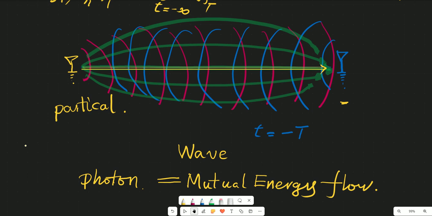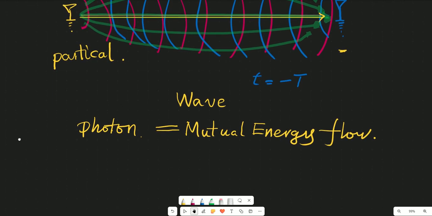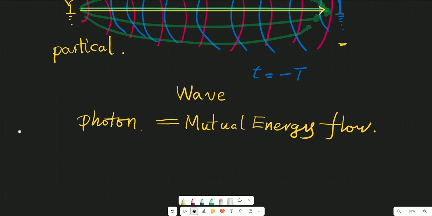By the way, this mutual energy flow can also be extended to not only the Maxwell equation but also the Schrödinger equation. And so the energy conservation law, when we corrected the magnetic field, this concept can also be extended to quantum mechanics for the Schrödinger equation.